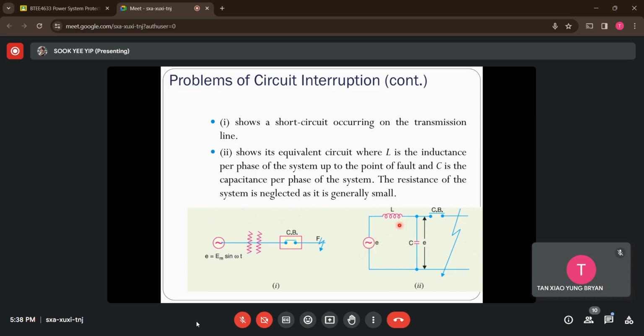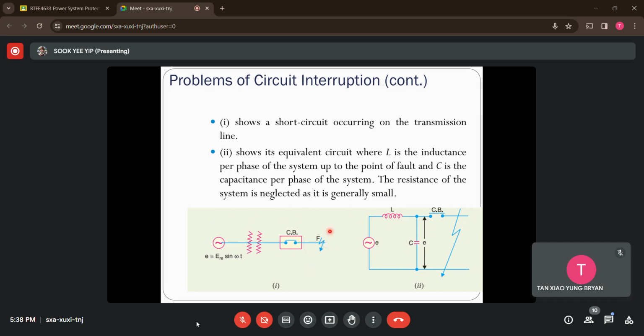So this is actually coming from the transmissions line. So do you still remember actually we have resistance value as well? But right now for easier analysis, we actually neglect the resistance in the system, seeing as its value usually will be very small. All right, so what happens if a fault occurs right now?